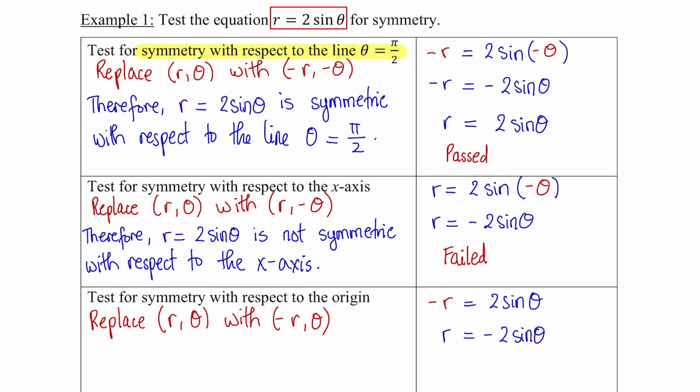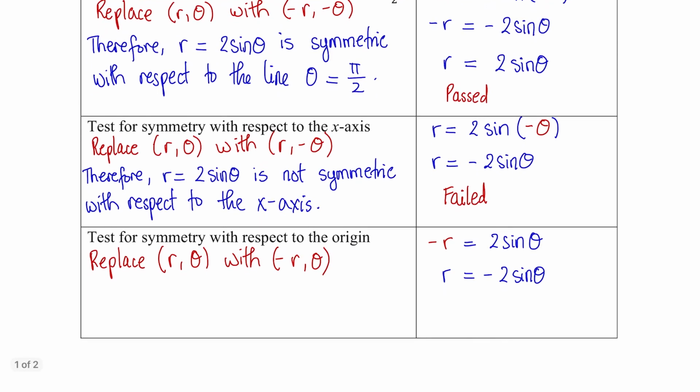After replacing r with negative r, I did not get exactly the same equation as the original. So this did not pass the symmetry test with respect to the origin. Therefore, the equation r equals 2 sine theta is not symmetric with respect to the origin.